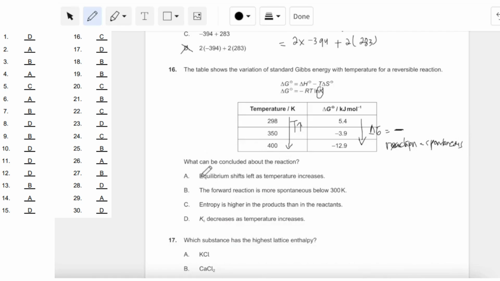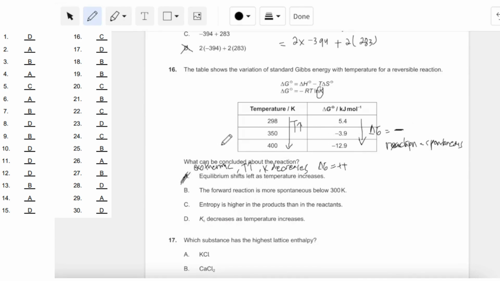Let's see A, exothermic. It's an exothermic reaction, and the T also increases, so equilibrium will shift to the left. K will decrease, and delta G becomes more positive. But here delta G is negative. So A is not the answer.